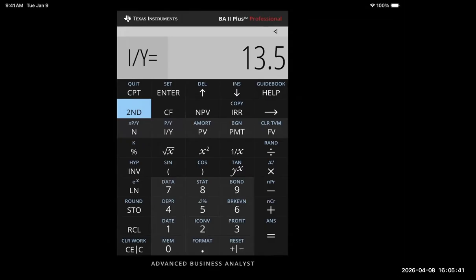And then PV is what I want. PMT was the 800,000 that I already put in. I'll put 0 in FV and compute PV. So that's that. 2 million. So I'm going to make it a positive and store it in 1.